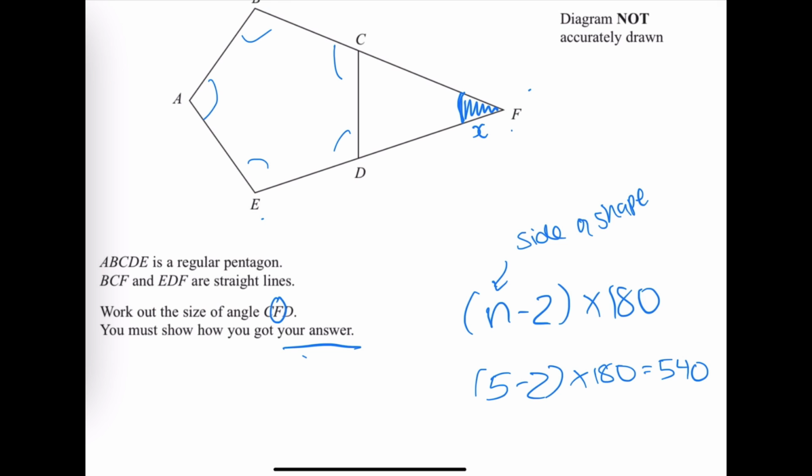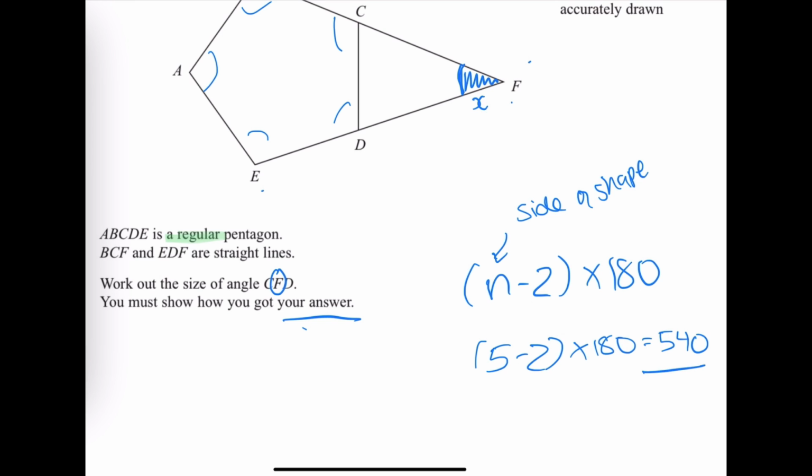Because this is a regular pentagon, all angles are the exact same, so we just divide by 5. This means it will be 108. Each one of these is 108, because this is regular, not irregular, so all the angles are the same.